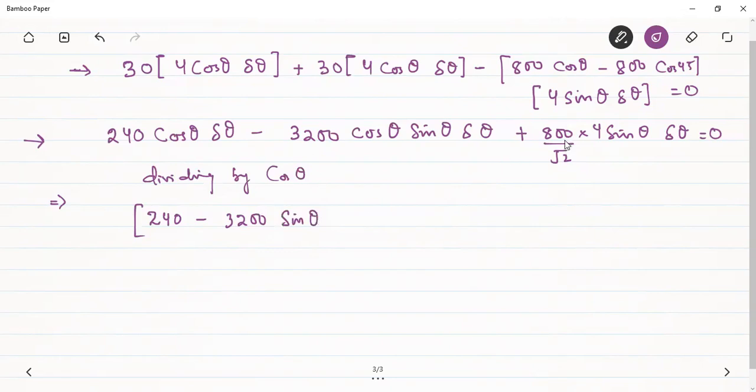Finally, what will we have here? Something tan theta, because sin theta by cos theta will be tan theta. Delta theta can't be equal to 0. Therefore, the term in the brackets has to be equal to 0.